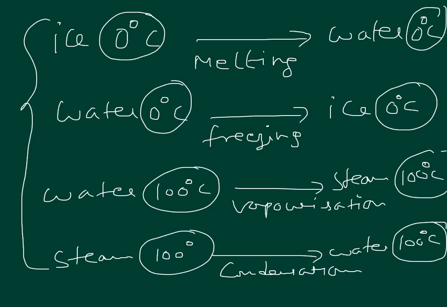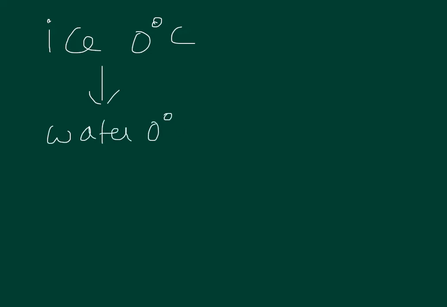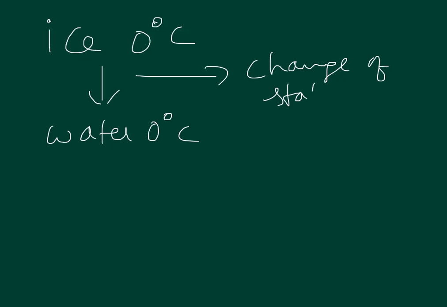Suppose the initial ice is at 0 degrees centigrade. First I make it water at 0 degrees centigrade. Here there is a change of state at constant temperature.